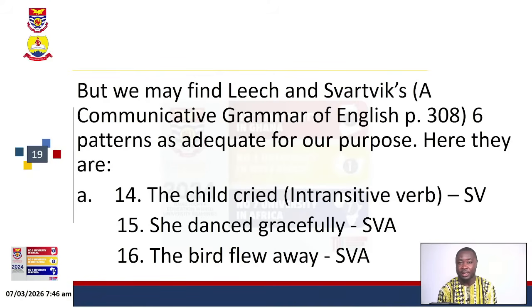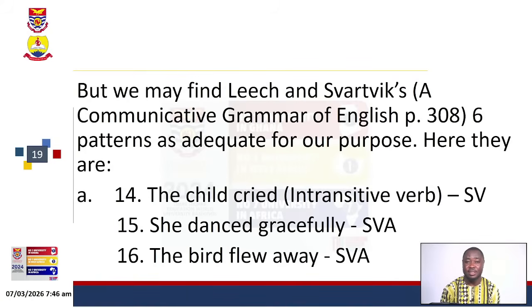Birds fly, SV. Accountants manipulate accounts. Or let's say the child cried, yeah. So cried here, the verb cried, is understood to be an intransitive verb. It is a verb that does not need an object or complement.